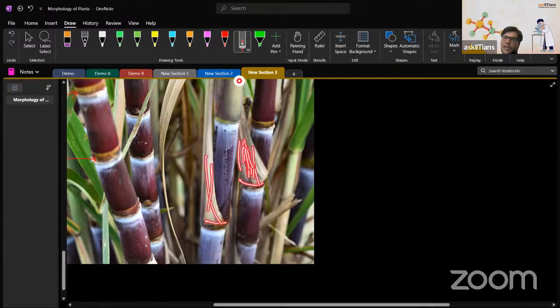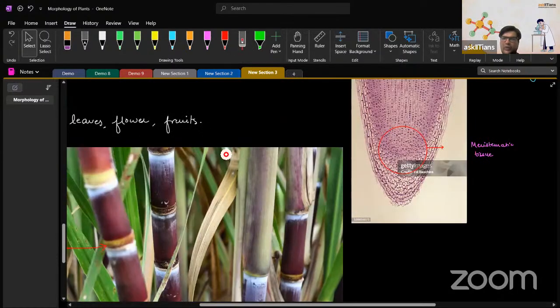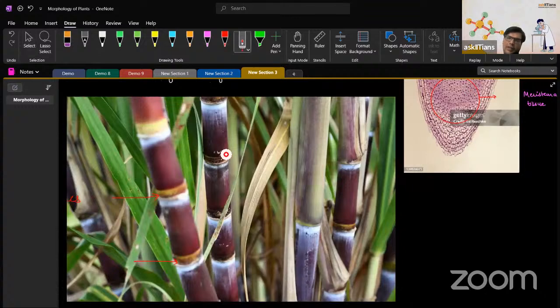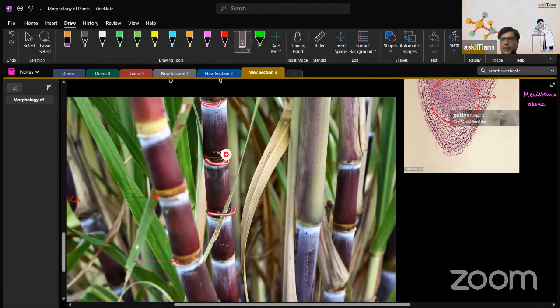This is another node. I know there are no leaves here. Maybe they have cut them down, or maybe they have just shredded them off. So this is a node, this is a node, and this is a node. The space between the two nodes is what we call an internode, right? So that is the internode, and this one is a node. I hope you now understand that the stem contains the nodes and the internodes.